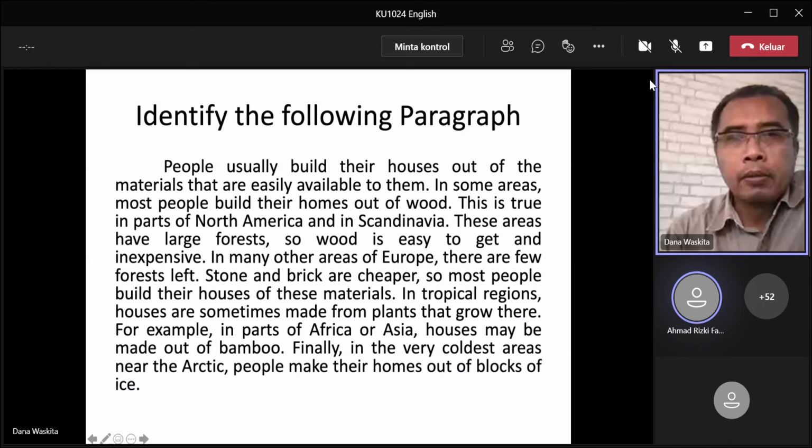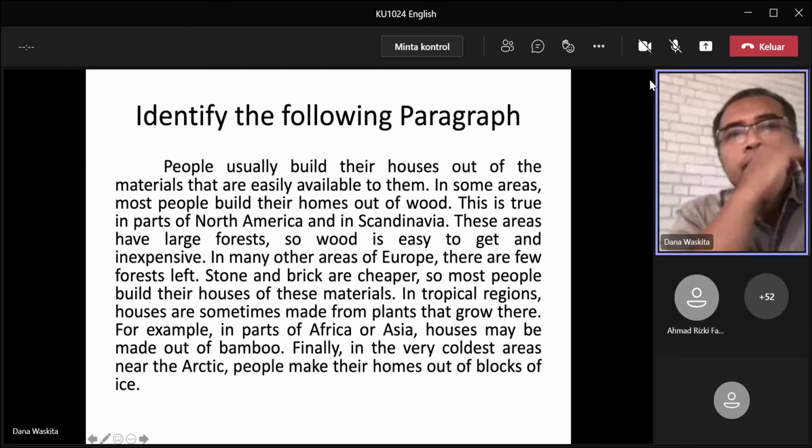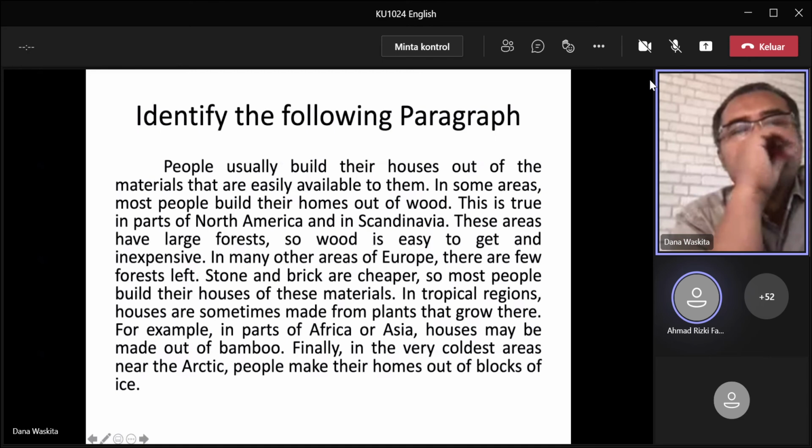Okay. What is it about, Rizky? House materials. What does the writer want to say about the house materials?